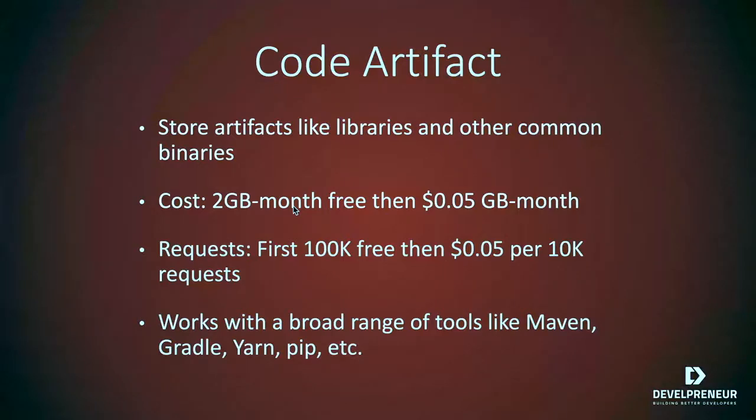So if you want 3 gigabytes a month, it's going to cost you 5 cents a month. 4 gigabytes, it's going to cost you 10 cents a month. You could hit that gigabyte pretty quick, depending on how many libraries you want to use. But honestly, if you're using multiple gigabytes of libraries, you probably have a pretty fat application from the start, and you may want to look at that a little closer.